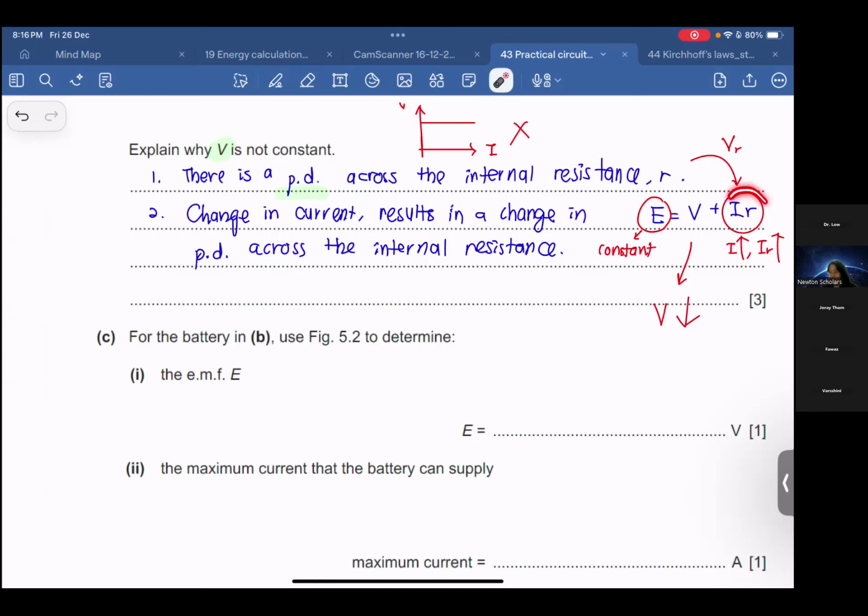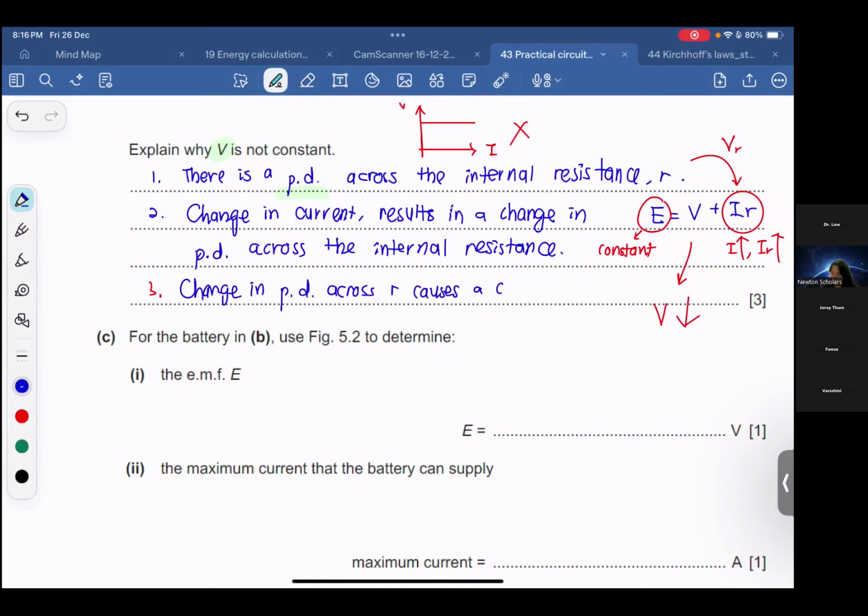So if the internal resistance gets more share of the voltage, then the external circuit gets less share. So here is the point: a change in potential difference across the internal resistance, I write small r, will cause a change in your V.